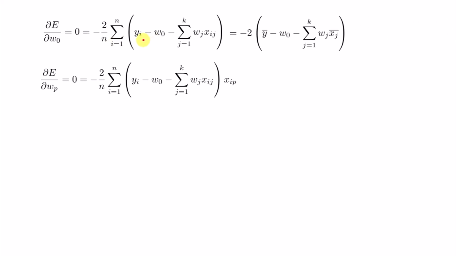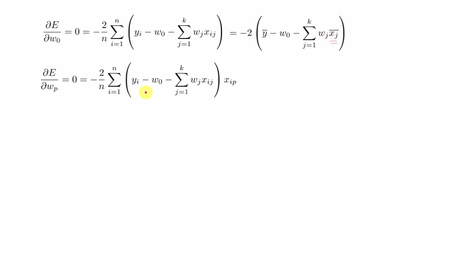This is 1 upon n summation of yi, that is y bar, and then 1 upon n summation of w0, that is simply w0 because n cancels out. And here I have xij, which will be summed over. It will give me x̄j because it is summed over all i. This is the bar of xj. And then j equals 1 to k, k number of such terms will come.